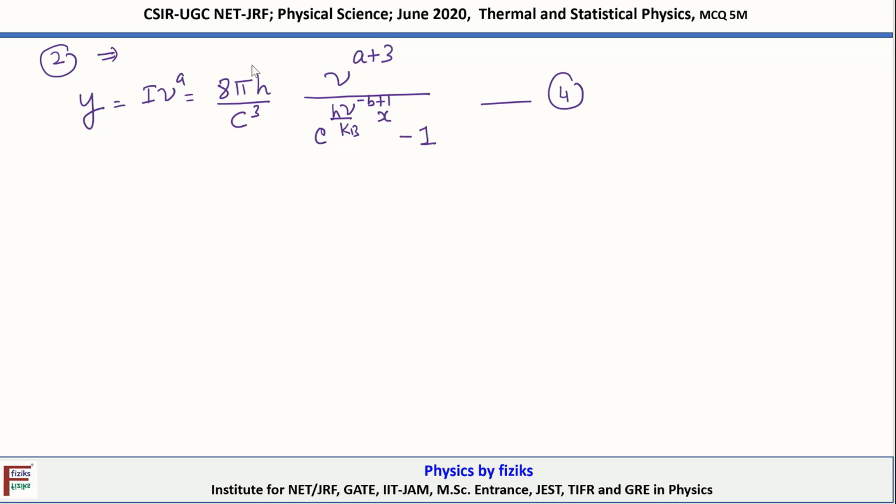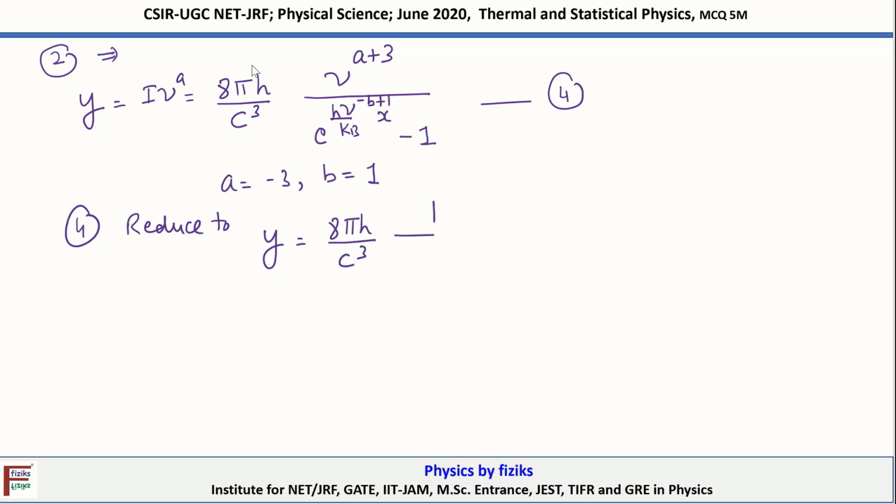Now we see from expression 4 that when a = −3 and b = 1, equation 4 reduces to y = 8πh/c³ divided by (e^(hx/k_B) − 1).